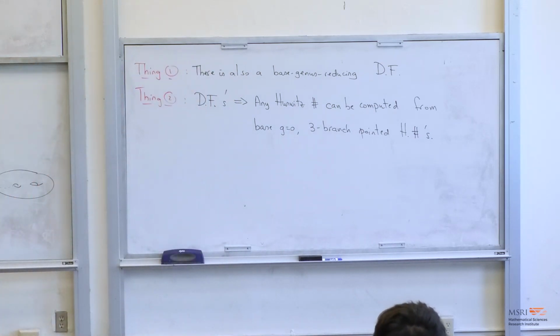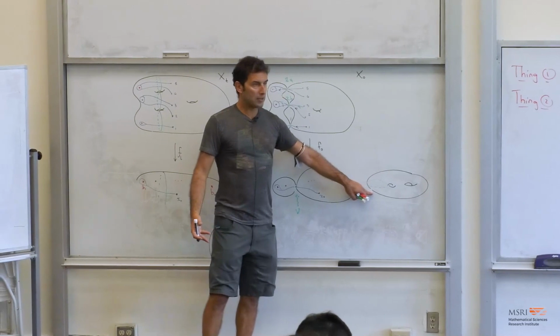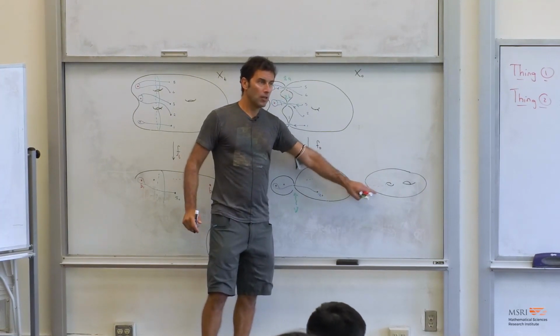In the sense that if you want to know some Hurwitz number of a curve, that corresponds to base curves of genus 2, right?